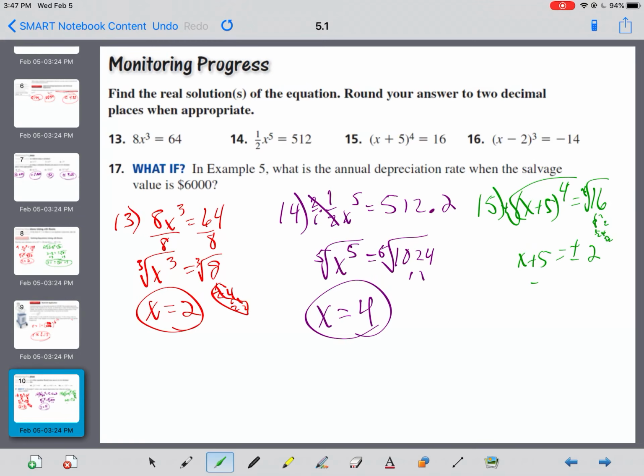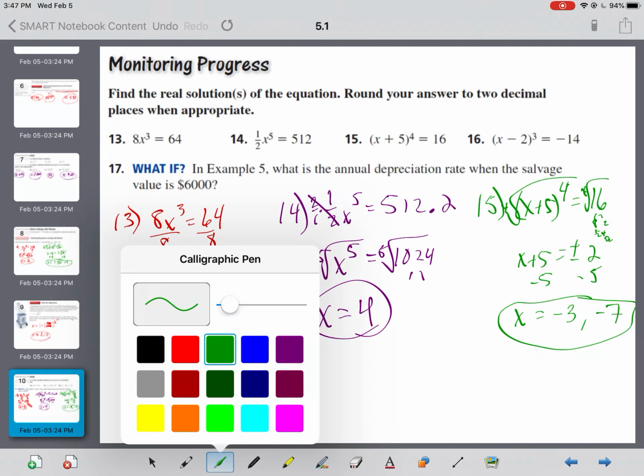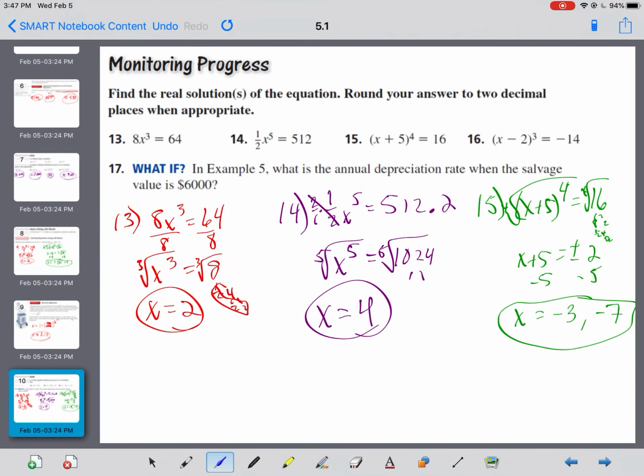And then subtract 5. I don't like that. I'm going to write it underneath. So 2 minus 5 would be -3, and -2 minus 5 is -7. 2 different answers there.